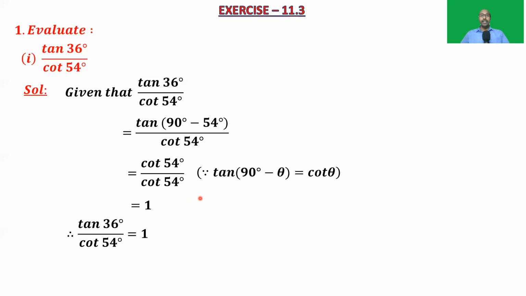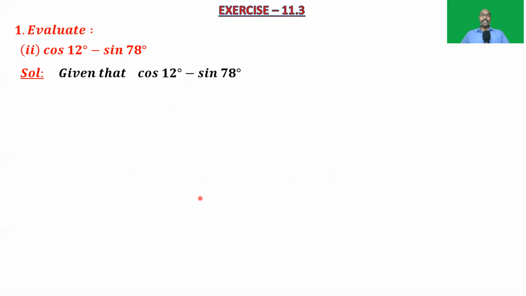Okay. Let's solve another one. Cos 12 degrees minus sine 78 degrees. So here also the given problem is cos 12 degrees minus sine 78. Here also we don't know the values of cos 12 and sine 78.